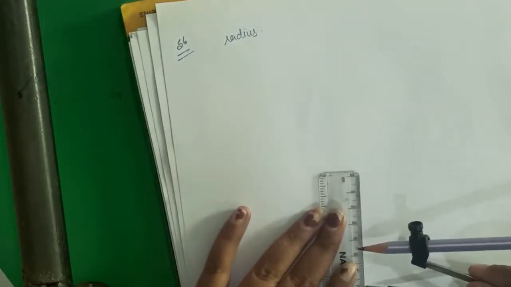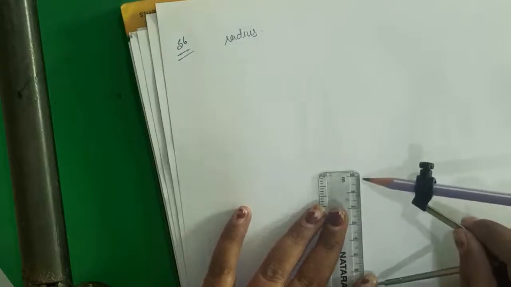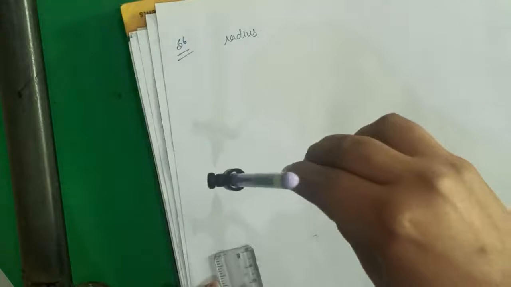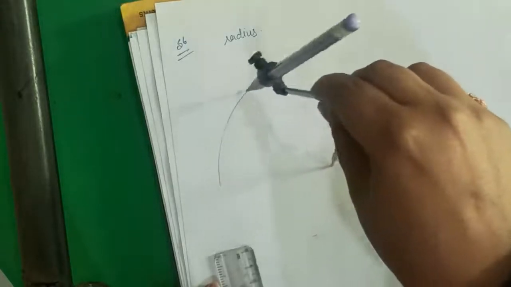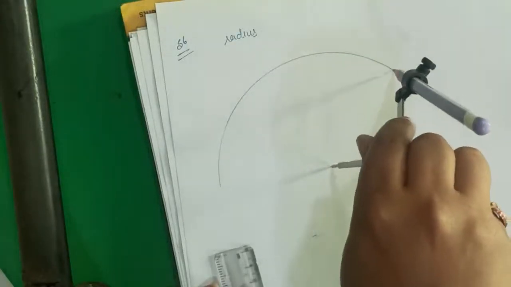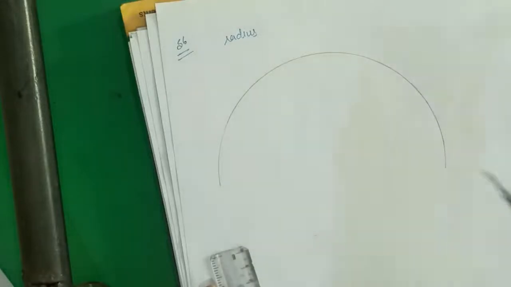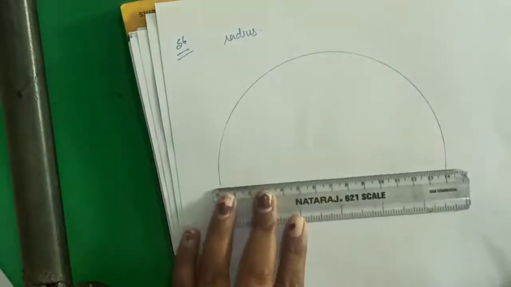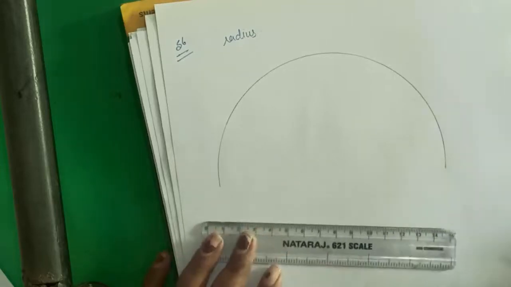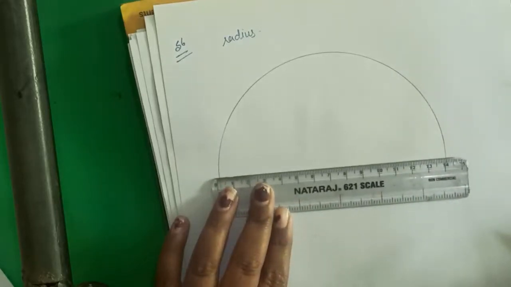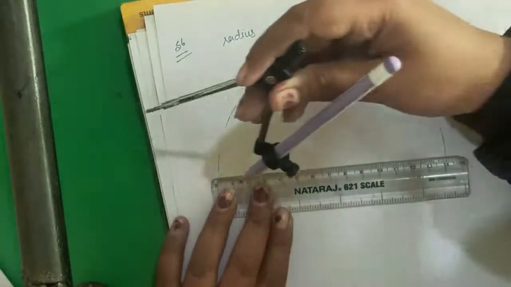See here up to this, right? Now a semicircle. Right? After this, what is the question? Question is, see here is center. So this one is the semicircle, right?